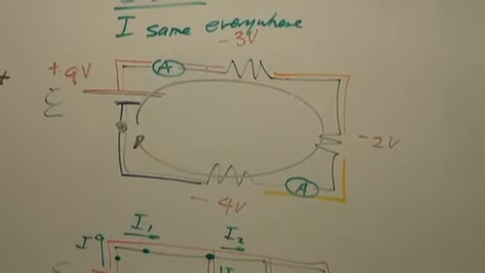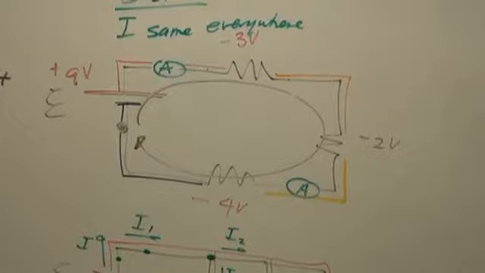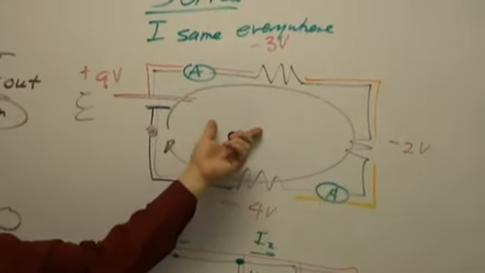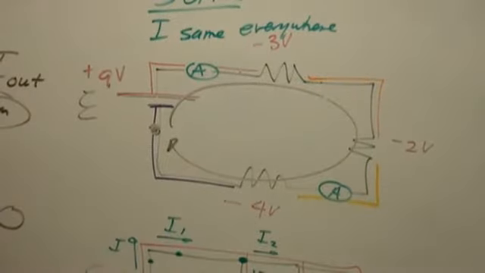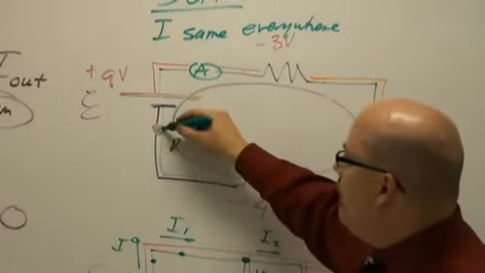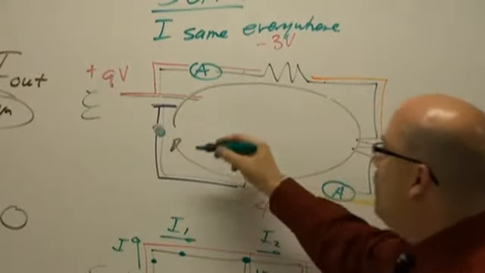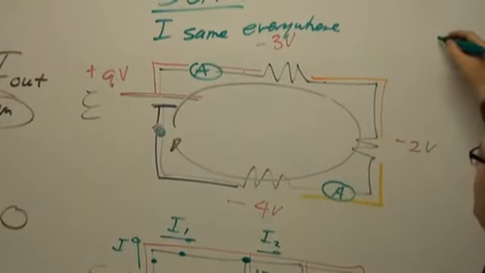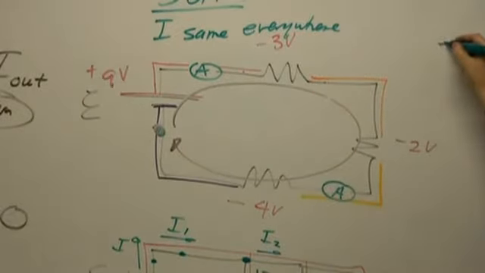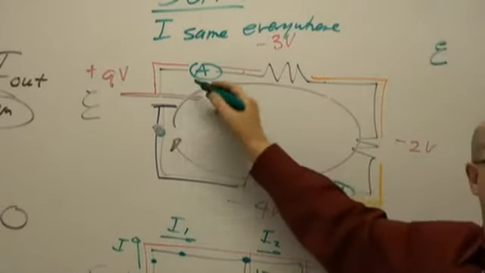All right? Okay, now let's apply the voltage rule to this. Ooh, this is a little more complicated. If I apply the voltage rule and I start right here and I work my way around, it says the first thing I reach is the EMF of the battery right here.